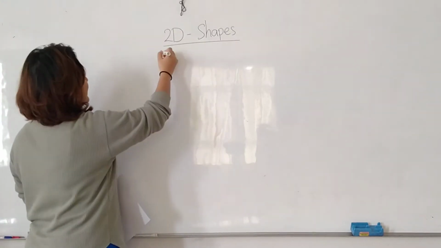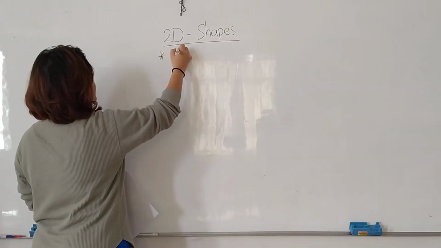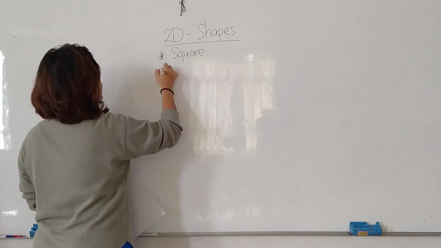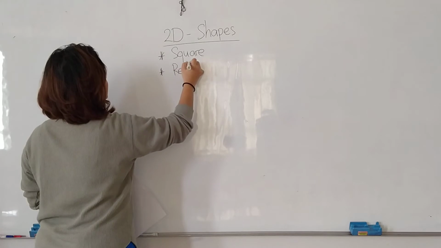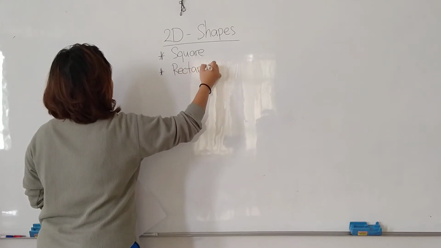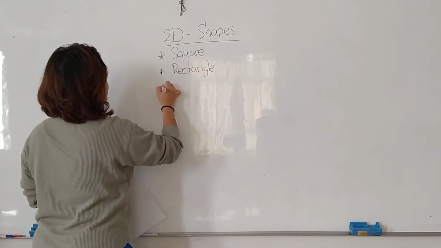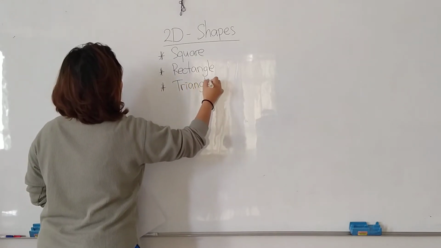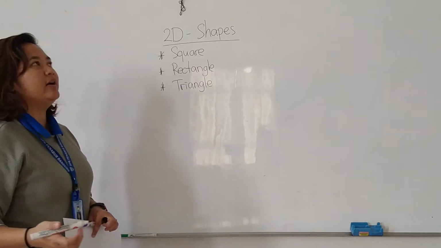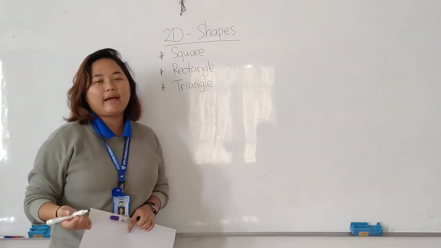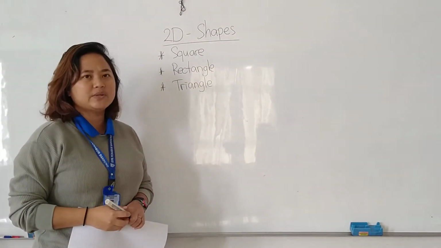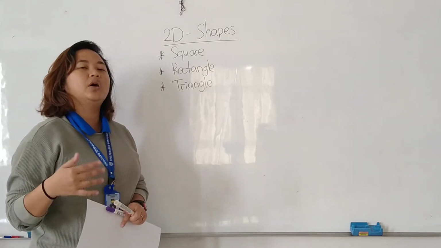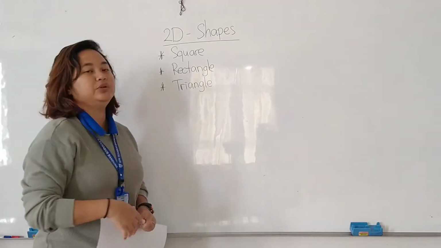For example, the square, and then we also have the rectangle, and triangle. We also have rhombus, parallelogram, and trapezoid and trapezium. Those shapes belong to the group that we call 2D shapes.